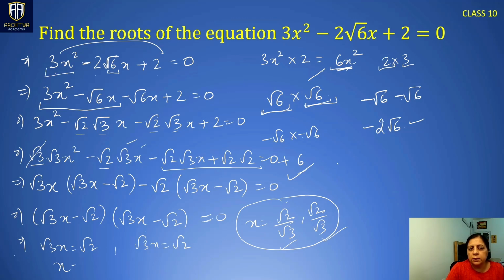Since the degree of this equation is 2, the zeros will be 2 in number. Even if they are repetitive, you have to write both the factors, even if they are different or repetitive. So the two factors are same, the two zeros are same, and both are root 2 by root 3. And since we have two zeros, you have to write it twice, right?